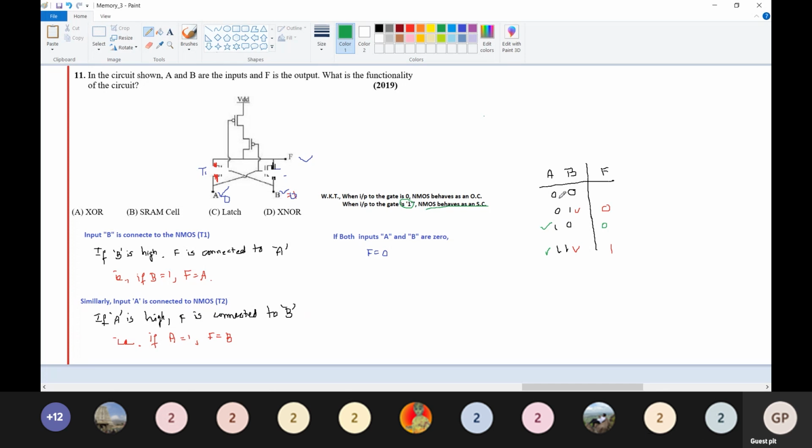And when both are 0, what is going to happen?